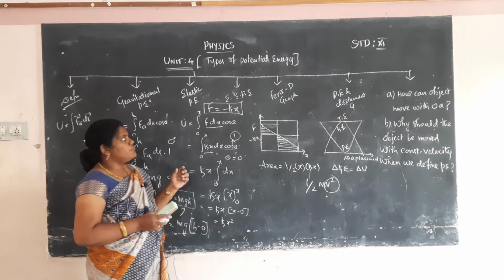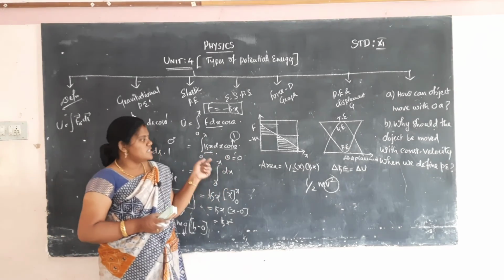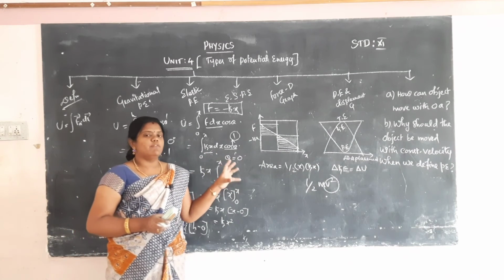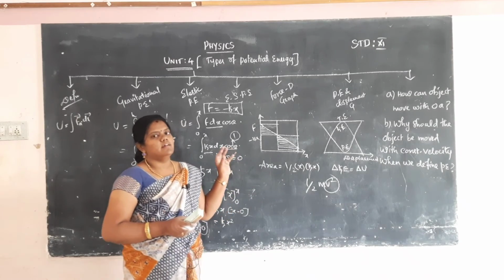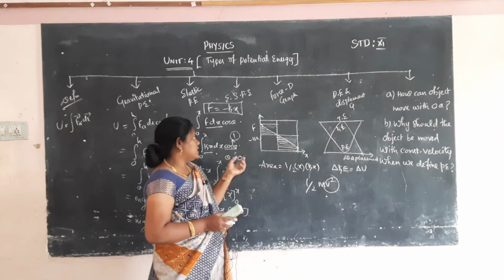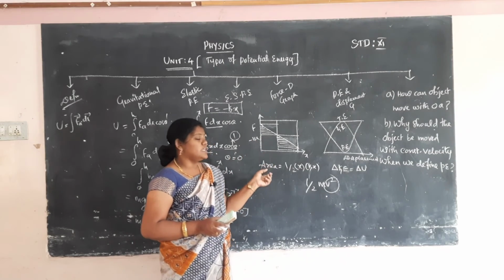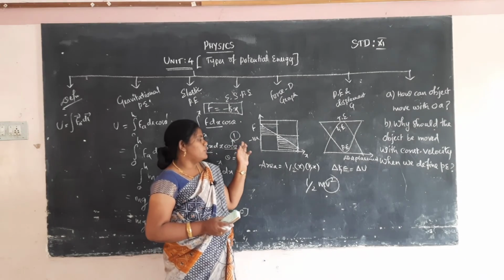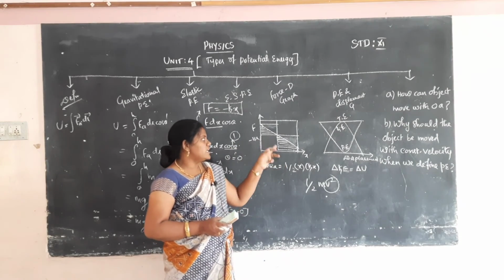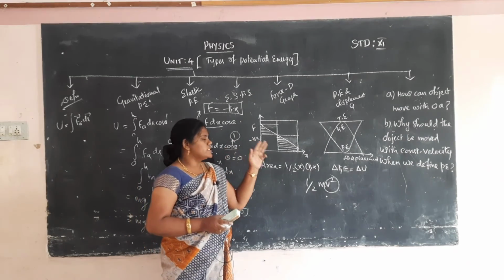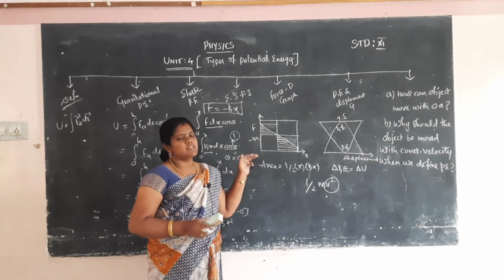Then the force and displacement graph. The force-displacement graph tells what amount of work is done, and that work done is converted into potential energy, that is, elastic potential energy. We easily draw the graph between force and displacement. The area covered below the force and displacement line makes a triangle.